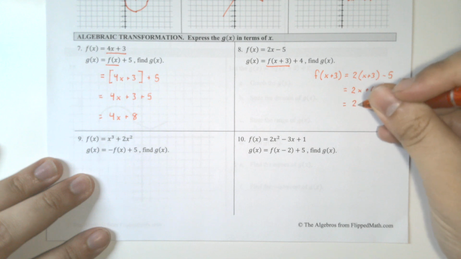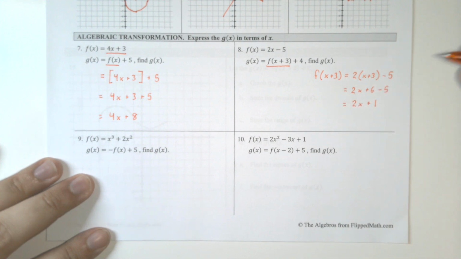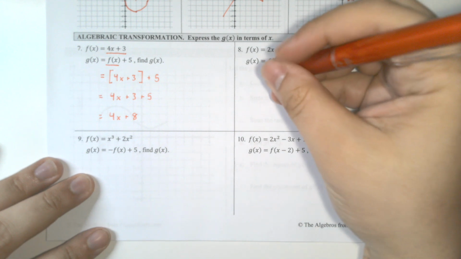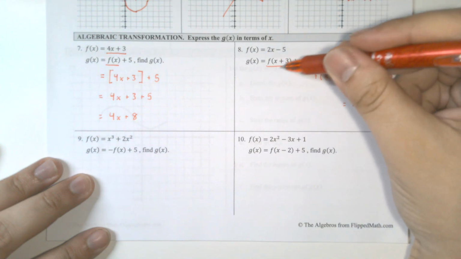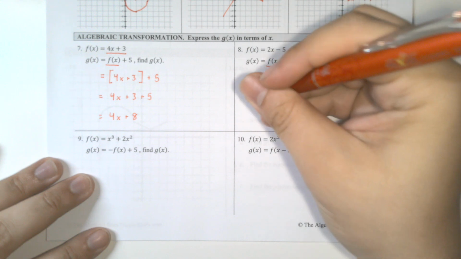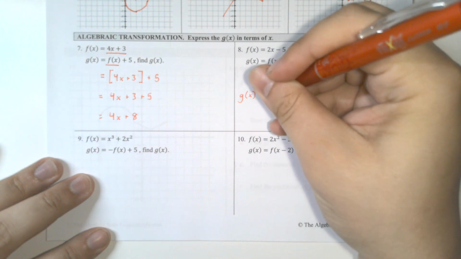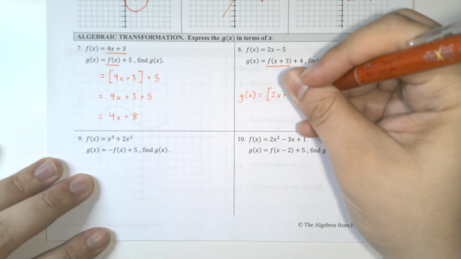And this is 2x plus 1. So if we know that f of x plus 3 is equal to 2x plus 1, now it may be simpler to figure out what g of x is, because we already know that all of this right here is just equal to 2x plus 1. So we see that g of x is equal to 2x plus 1.